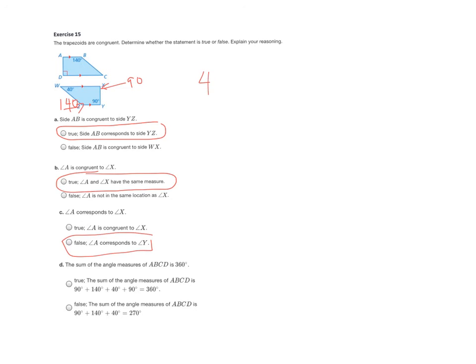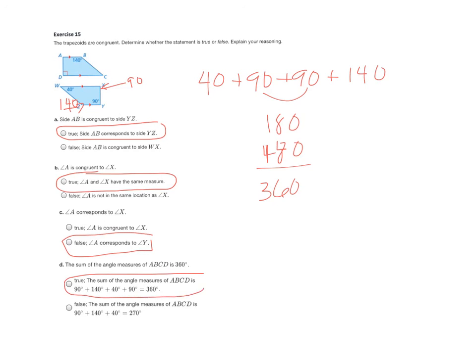So we should have 40 plus 90 plus 90 plus 140. And I know that 90 plus 90 is 180, and 40 plus 140 is 180, and 180 plus 180 is 360. So 90 plus 140 plus 40 plus 90 equals 360. So the answer is true.